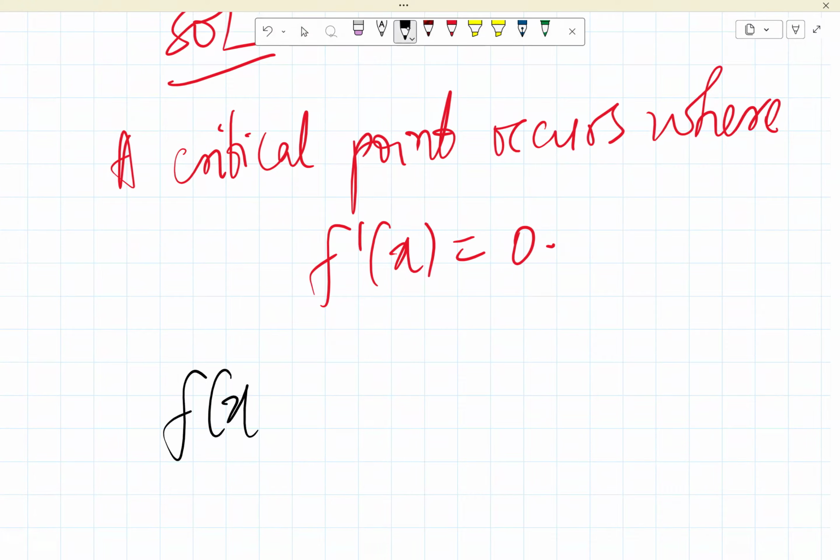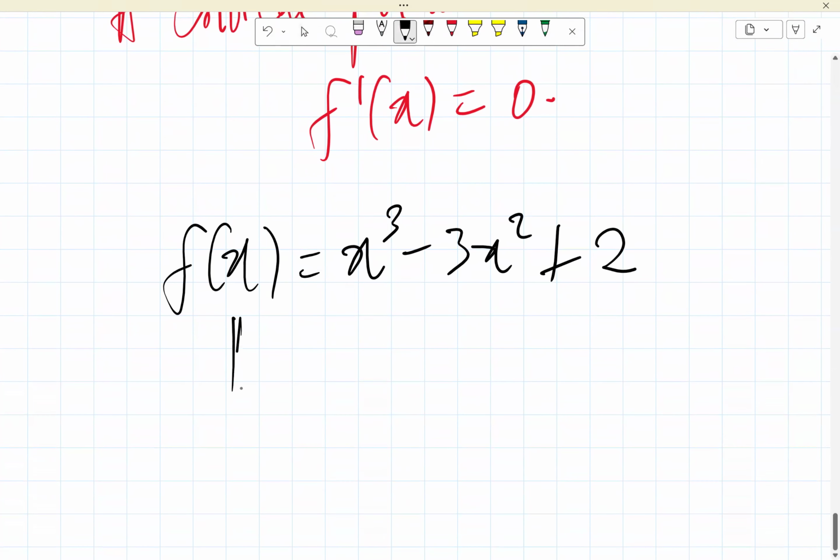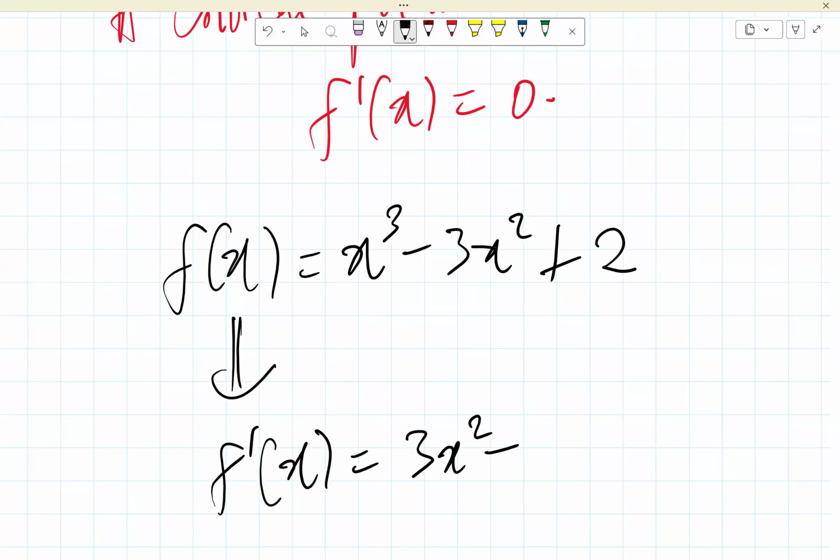So we know that f of x is x cubed minus 3x squared plus 2. So that implies that f prime of x is equal to 3x squared minus 6x. That's 3 times, bring down the 3, reduce the power by 1, then 2 times 3, 6, then reduce the power by 1.